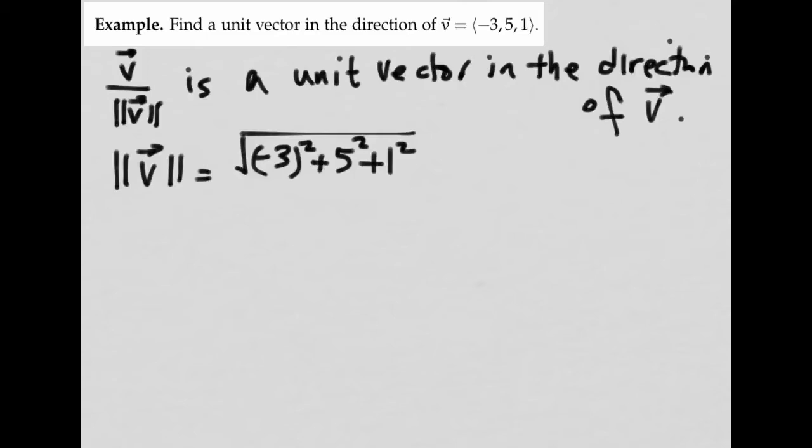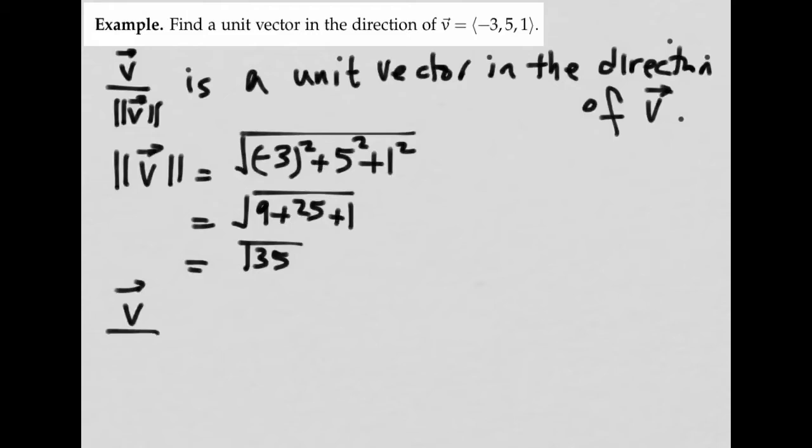That's equal to the square root of 9 plus 25 plus 1. That's equal to the square root of 35. Now we take the vector v and divide it by that magnitude. So we have v divided by its magnitude.